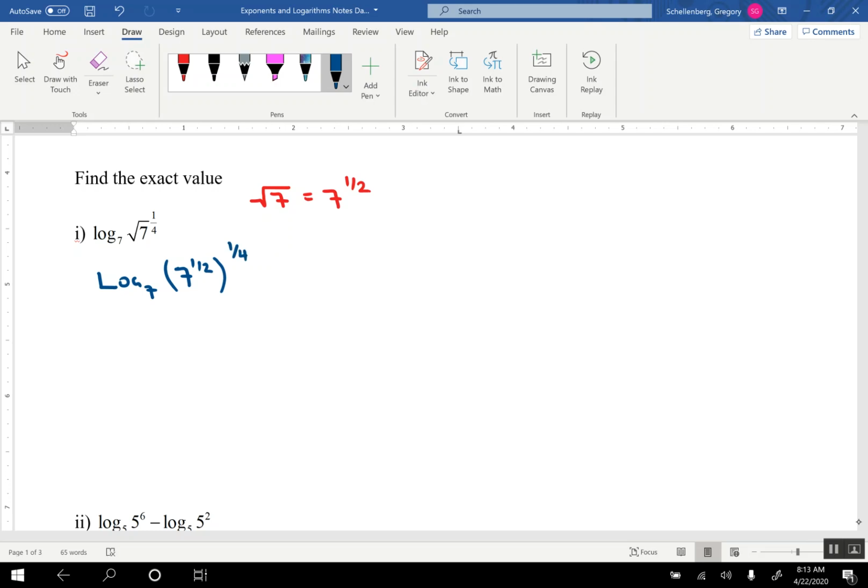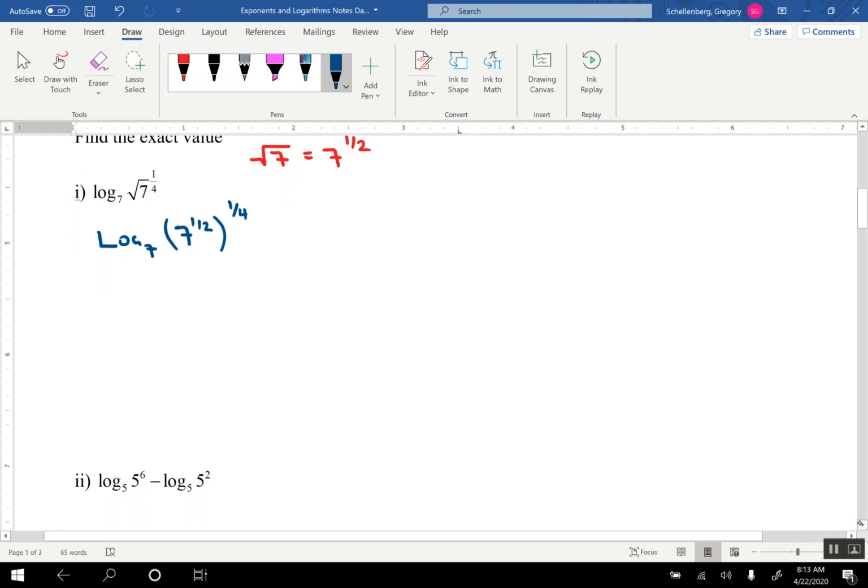Okay, so this is our power law of exponents. We've got a power raised to a power, which tells us to multiply the exponents. So our next step here, we've got log base 7 of 7 to the power of 1/2 times 1/4 is 1/8.